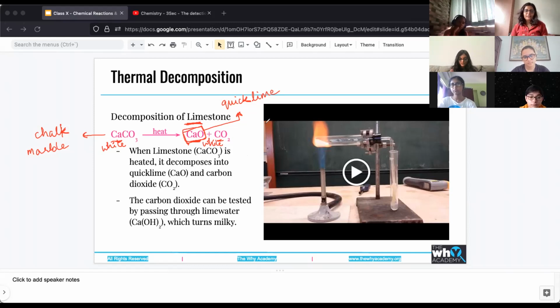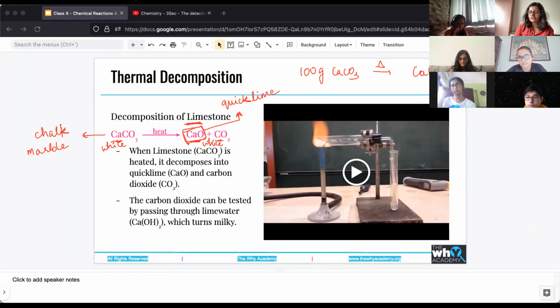Okay. So first of all, initially, let's say I take 100 grams of calcium carbonate and I heat it. It's going to turn into calcium oxide and carbon dioxide. So carbon dioxide, as Srijak said, is a gas. What happens to the carbon dioxide?